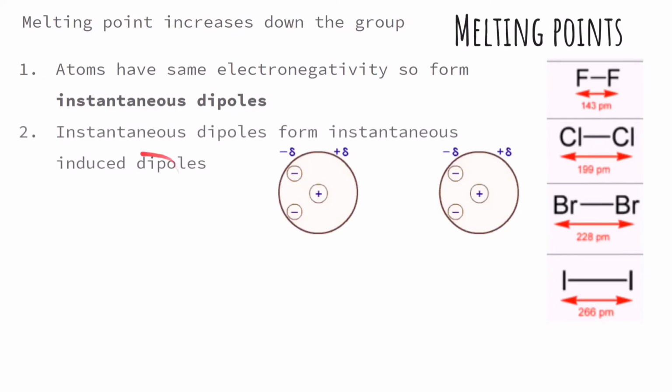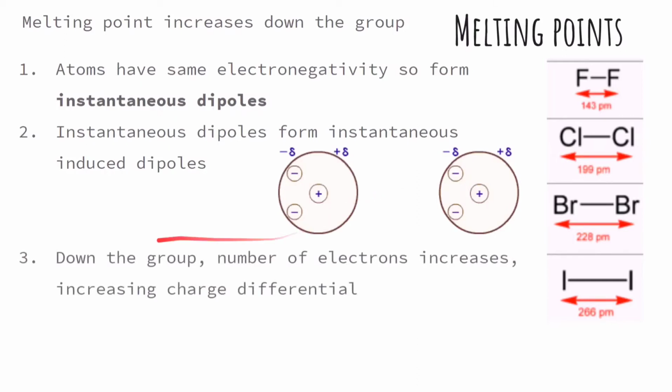And these instantaneous dipoles form instantaneous induced dipoles, which are the interactions between the diatomic molecules. So this means that the instantaneous dipole on one fluorine molecule, for example, would cause an induced dipole on another fluorine molecule because it either attracts or repels its electrons.